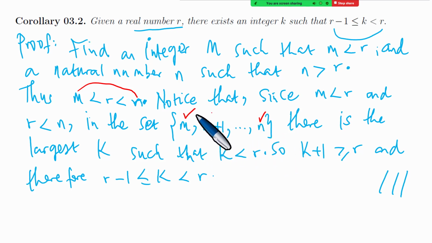And since m is smaller than r and also r is smaller than n, in this set, from the smallest one, you add until you get n, there is the largest k we can get from this set. And since we are able to get the largest k from this set, this largest k is smaller than r.